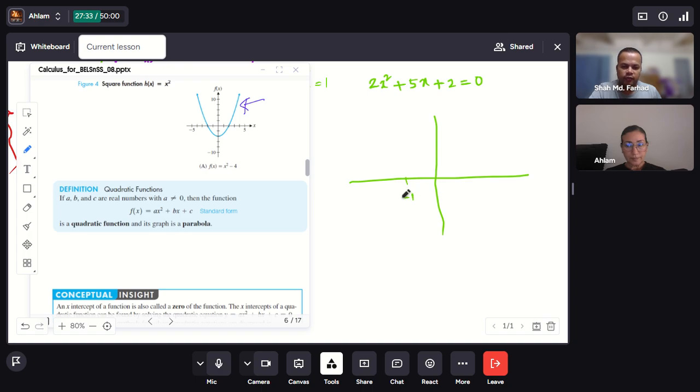So it is negative 1 and then negative 2. That means the graph will pass through these 2 points.